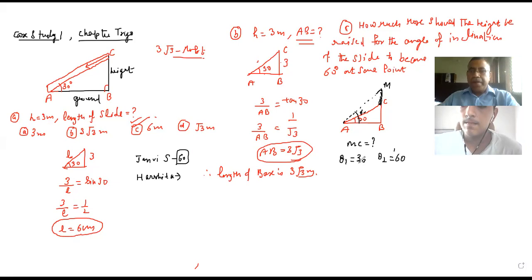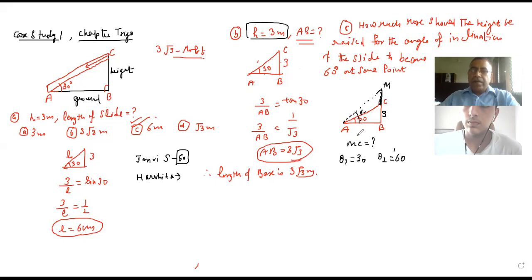Let me check. See, first I will find out the length of BC, because AB I have already calculated when the height is 3 meter. So BC is my 3.